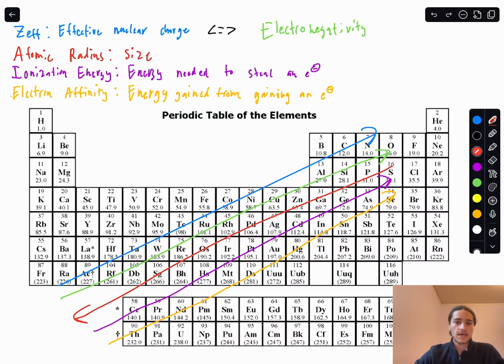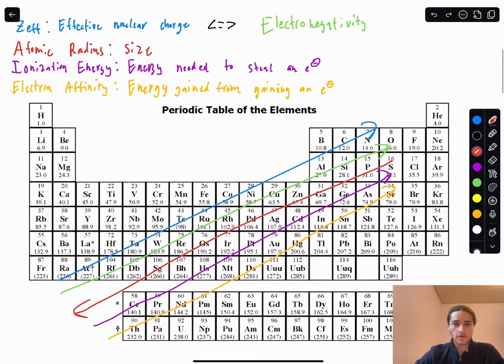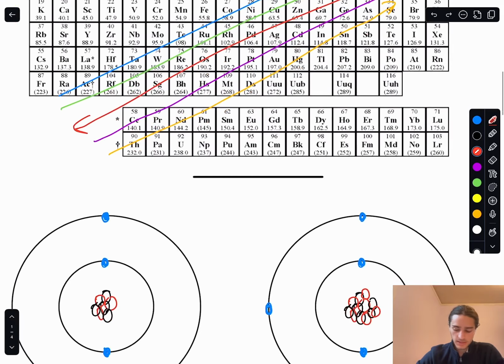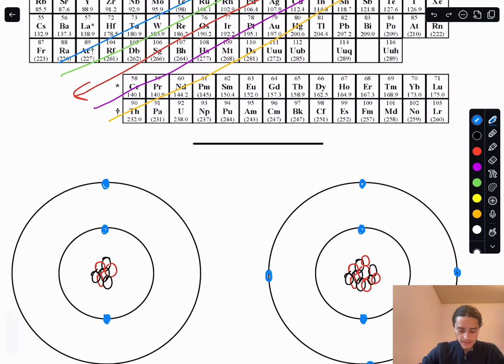That one has the opposite trend. I want to quickly go over the first two again, effective nuclear charge and radius, because I really think they're the two most foundationally important. So let's remind ourselves what effective nuclear charge is. I like to say it's the proton attractive force that electrons feel.